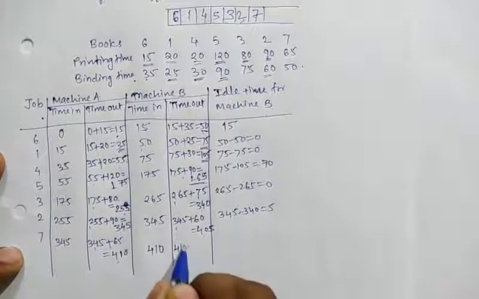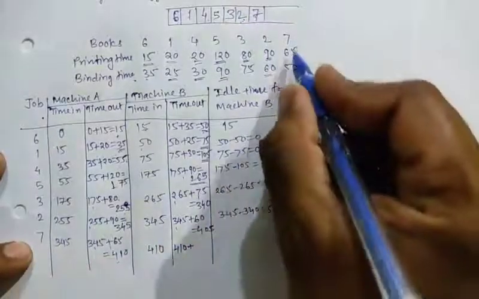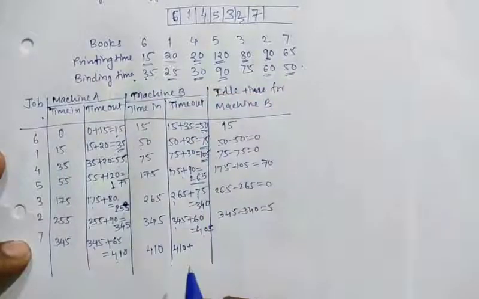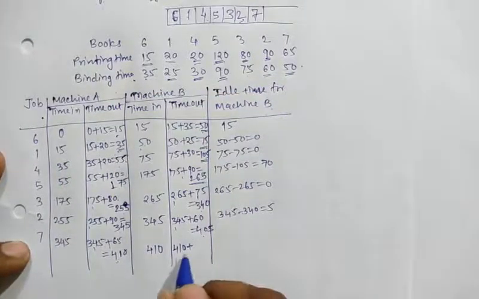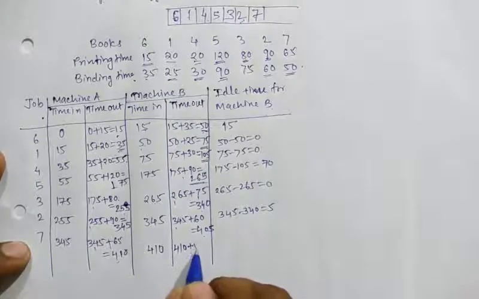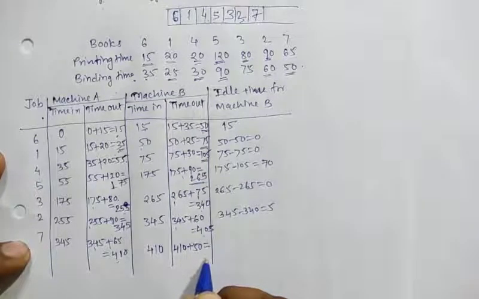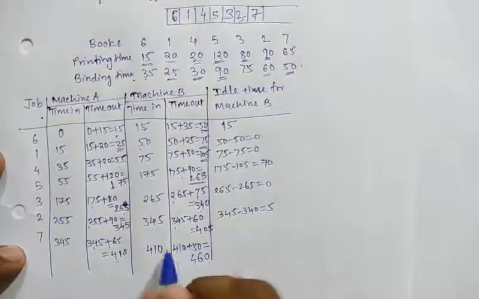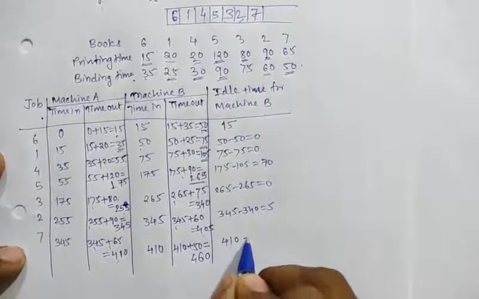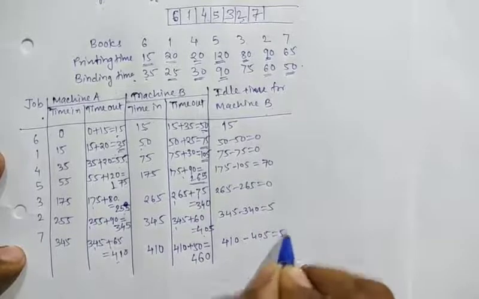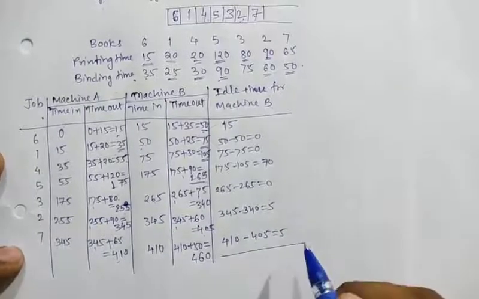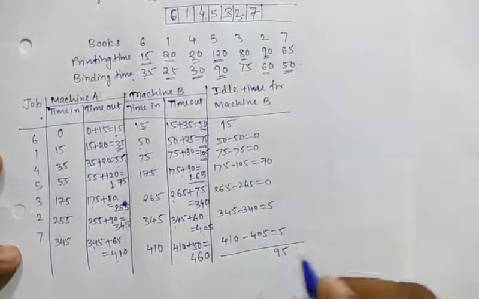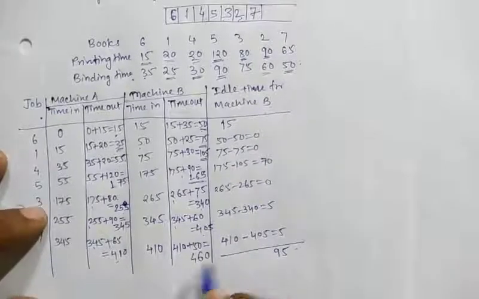So 410 plus for seventh job it requires 50 hours for second machine, so we get 410 plus 50, which is equal to 460, and total elapsed time is 410 minus 405, which is 5 hours. So after taking addition we get 95.